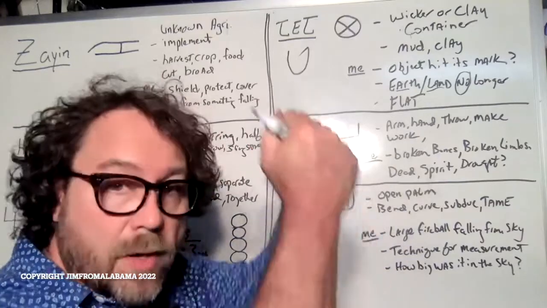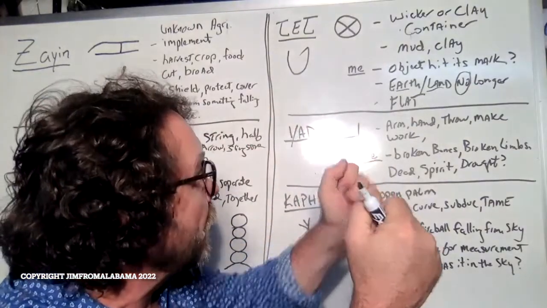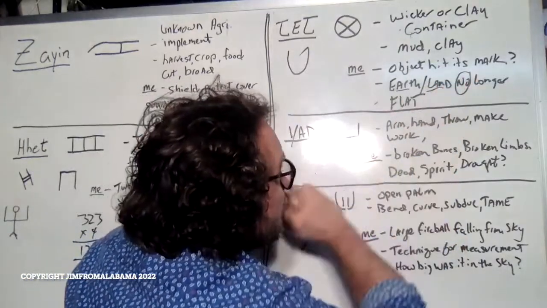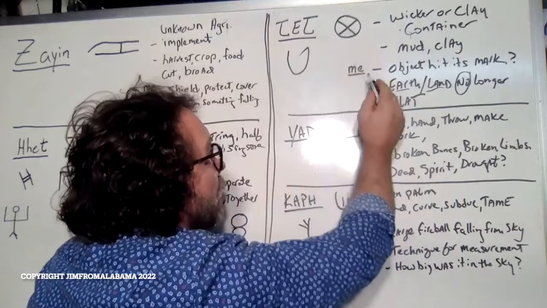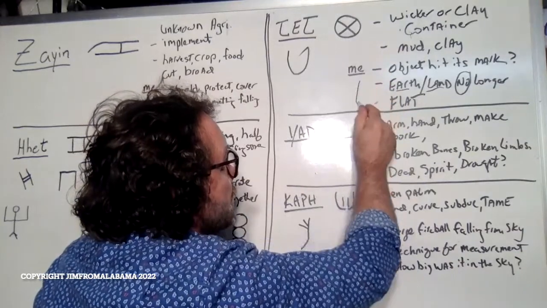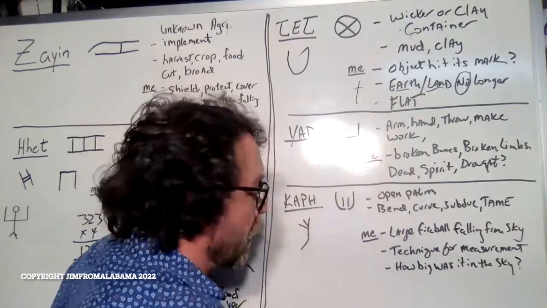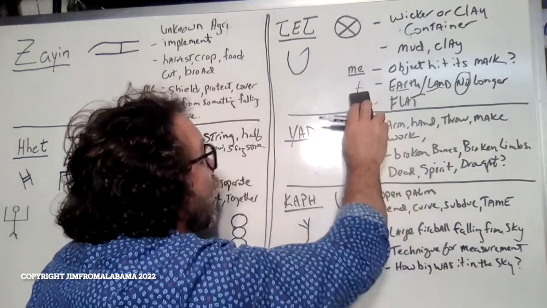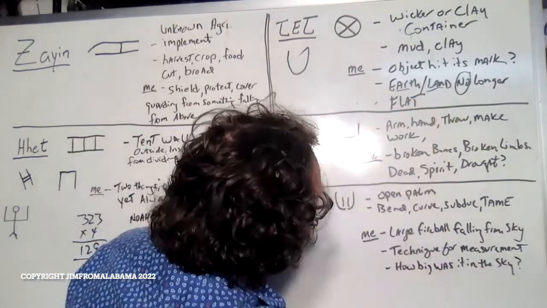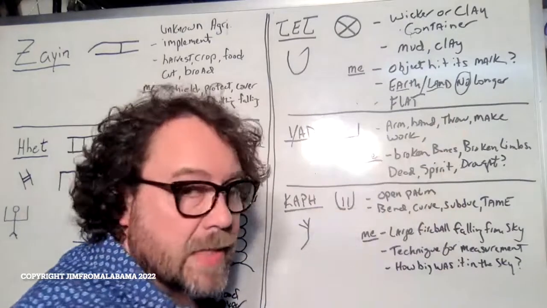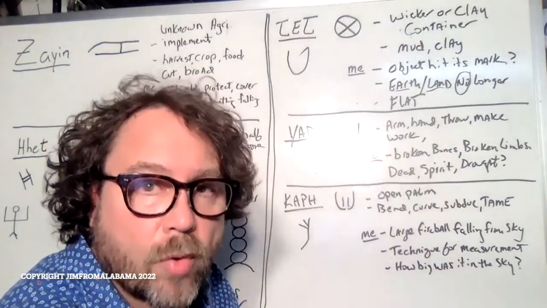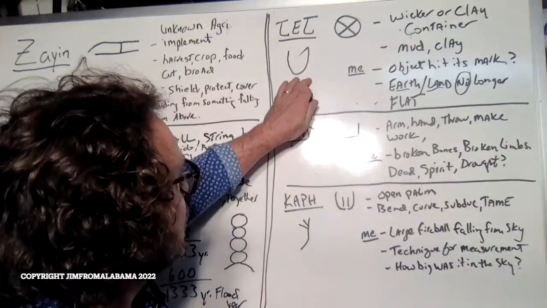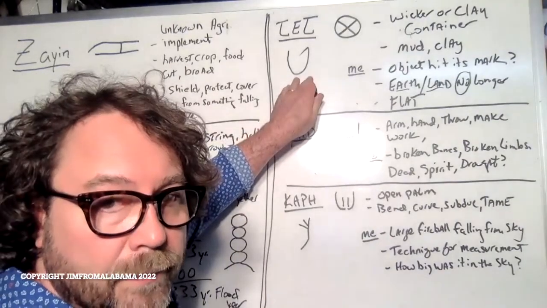After the flood, that's when all the mountains were. I put up here, object hit its mark. Really, the mark one is like this. I mean, it could mean that, but I think that it means earth or land no more flat.